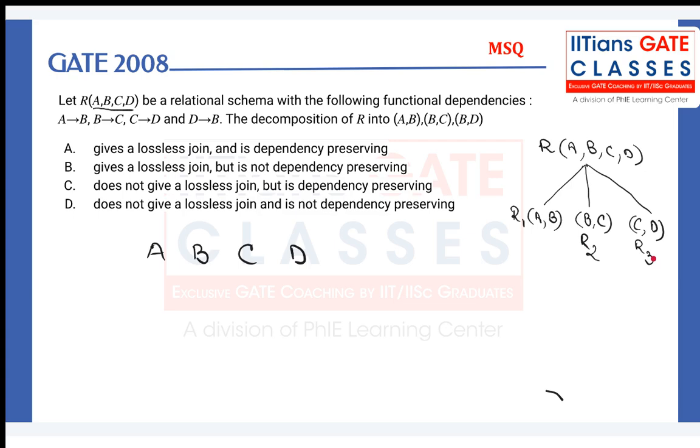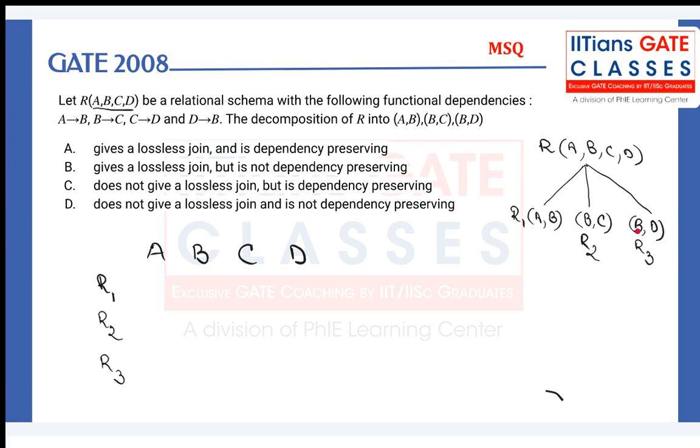So this is R1, this is R2, this is R3. The columns contain the attributes, the rows contain the decomposed relations R1, R2, R3.